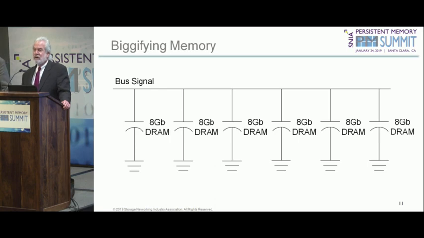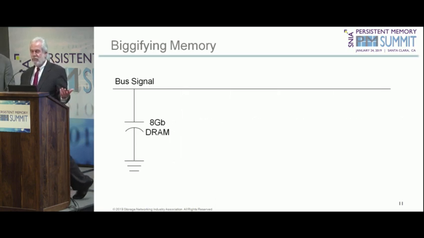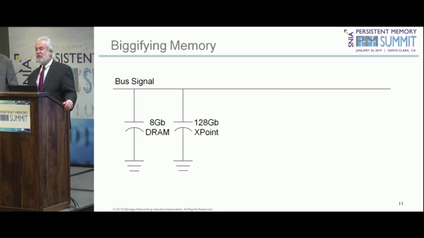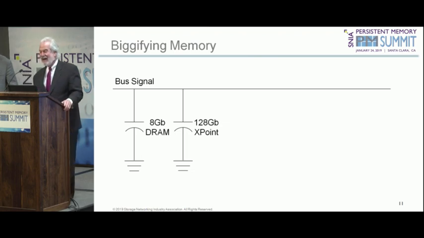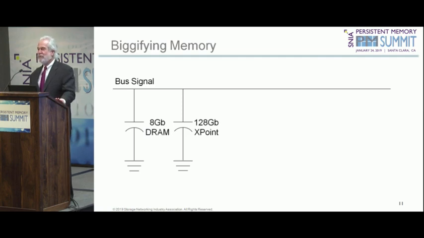So one of the beauties of what Intel and Micron are doing with their 3D crosspoint in the Optane modules and in the Quantix modules is that they're turning that back into a single capacitive load so that you can have only 2 slots being taken up by memory and still end up with that 128. I put gigabit, I meant gigabytes. But still, you can have a very large memory on there.